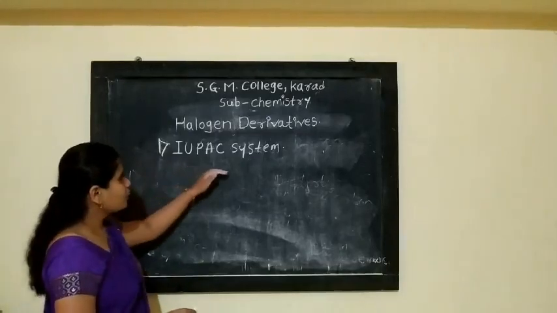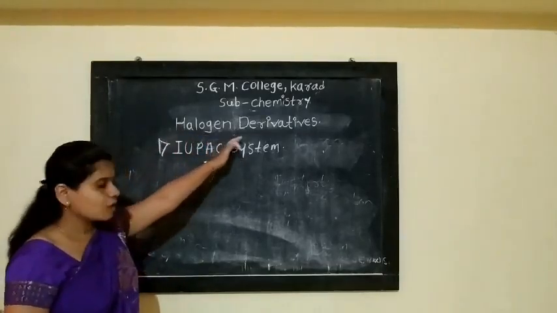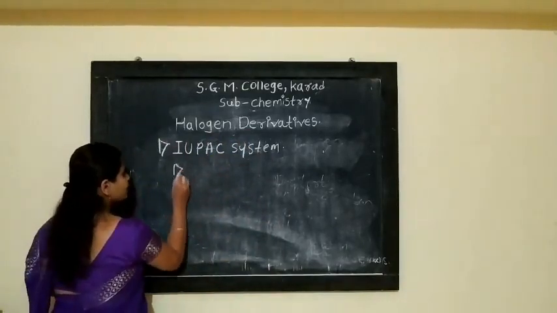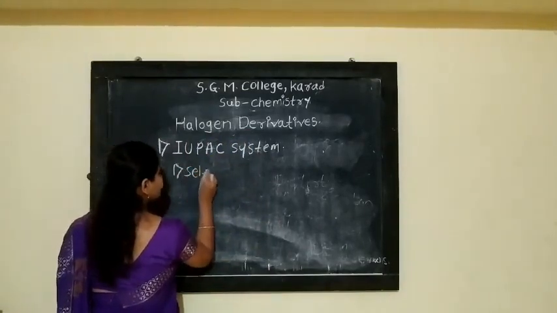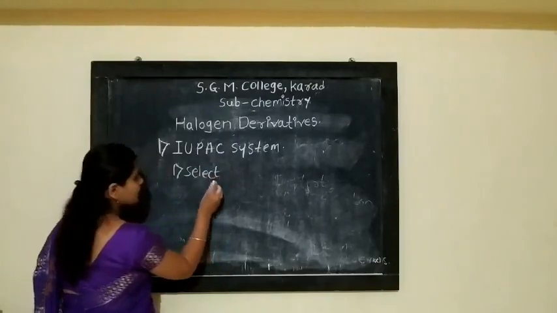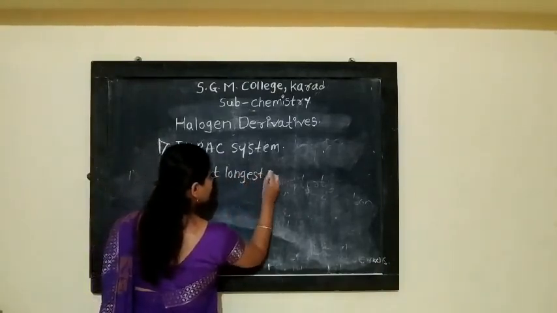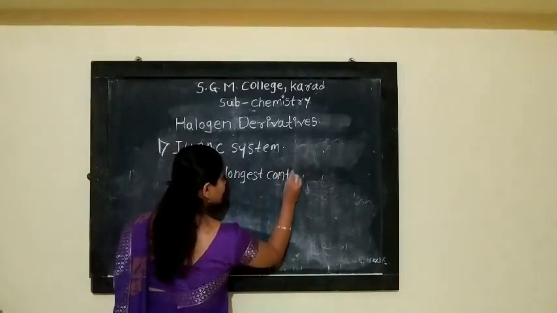The first rule of the IUPAC system for the nomenclature of halogen derivatives is you have to select the longest continuous carbon chain.